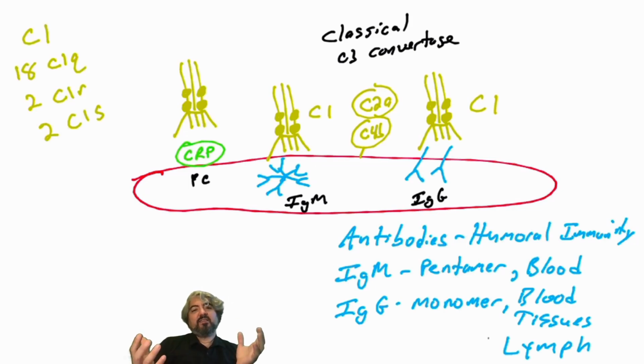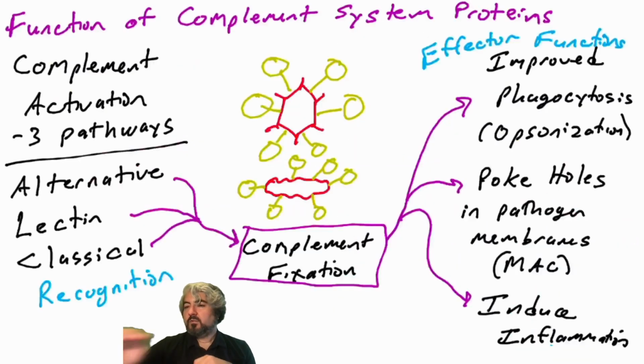So these three things, CRP, IgM, and IgG, can all attract the C1 complex and initiate the classical pathway of complement activation. That covers the different recognition mechanisms of complement.